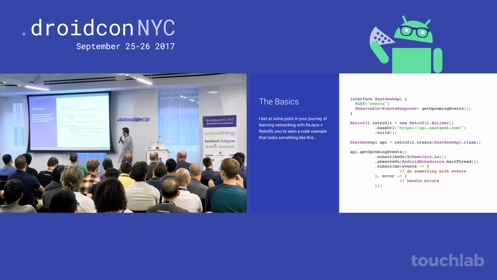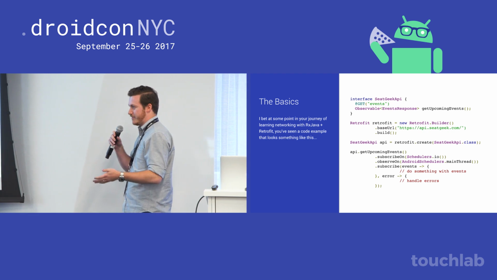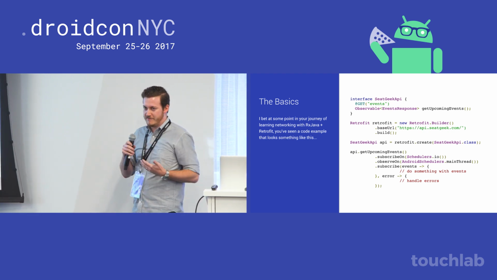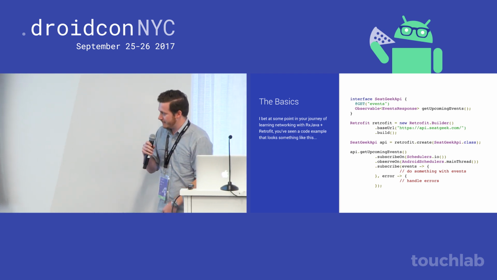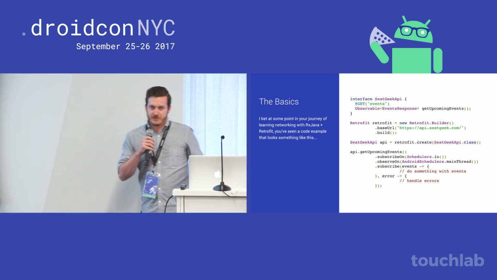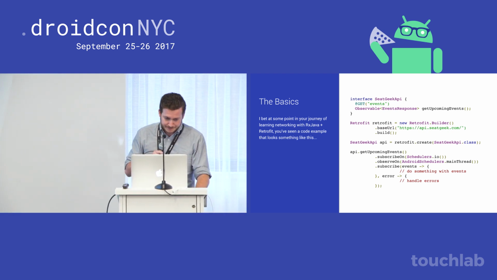So we've got our observable stream that we're building here. We're calling into our API to get our upcoming events. We're subscribing on an IO thread so that we're not blocking our main thread. We're observing on the main thread so we get our events back in a way that we can update our user interface. Hopefully you've all seen this sort of example. This is a pretty canonical example of using Retrofit and loading data.